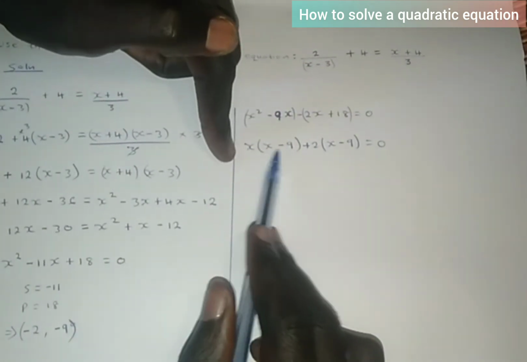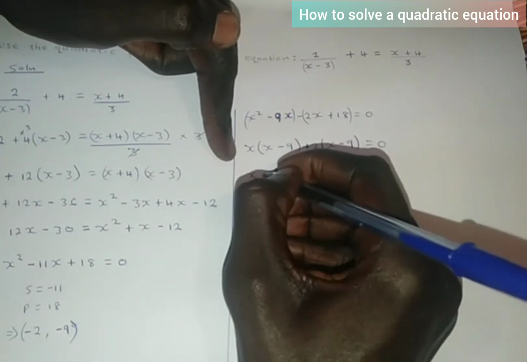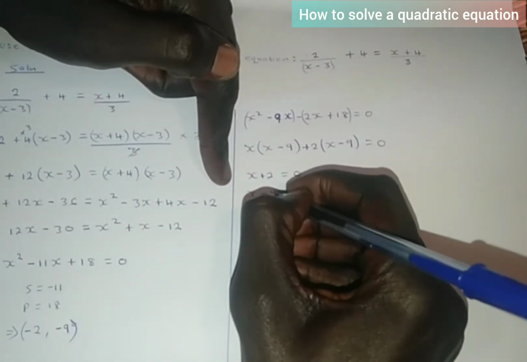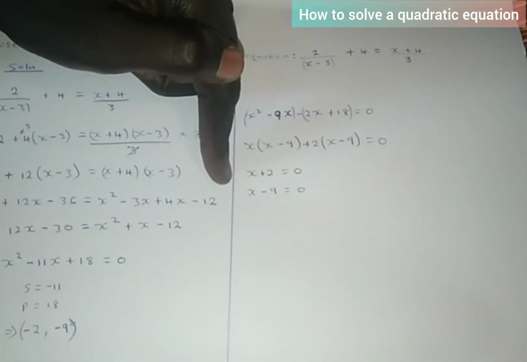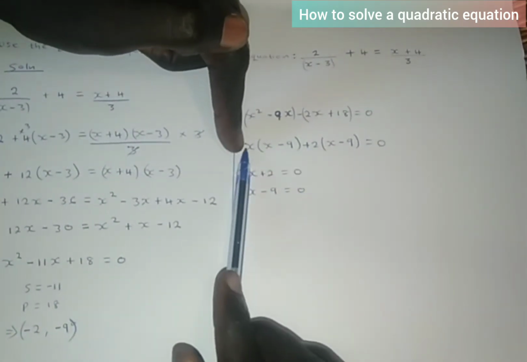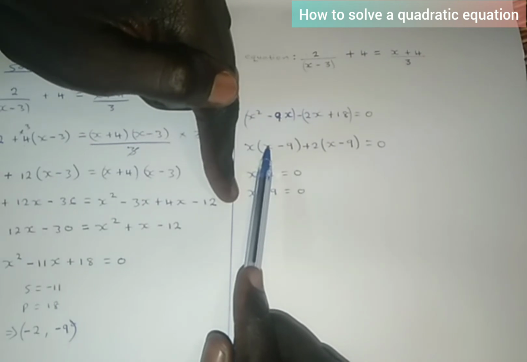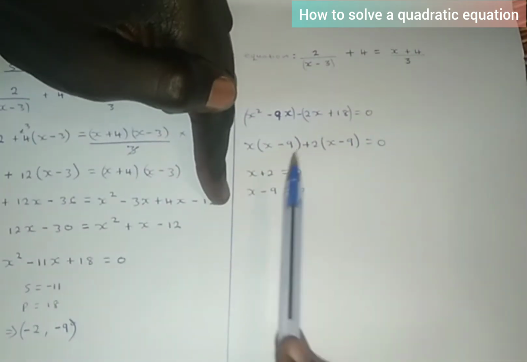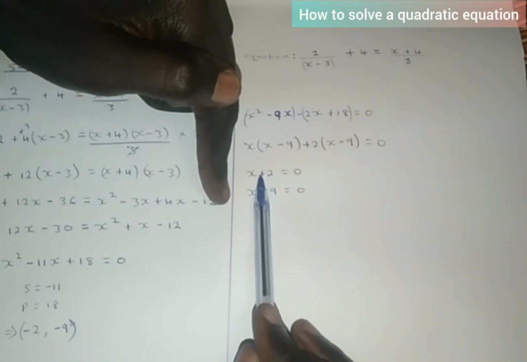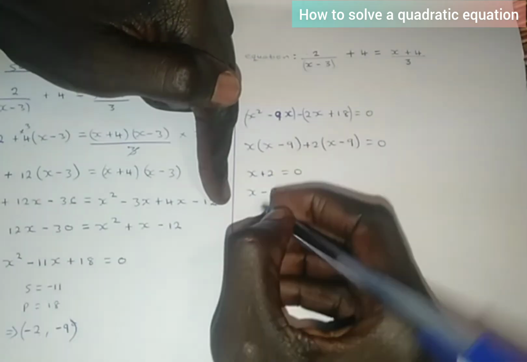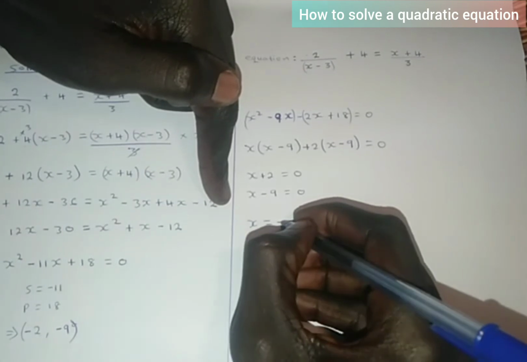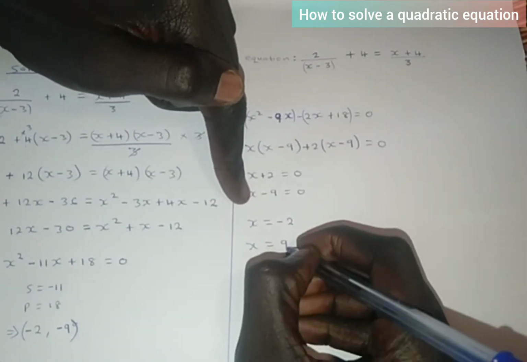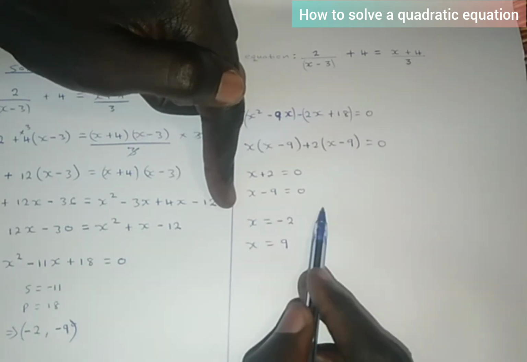So now we will just take x plus 2 is equals to 0 and x minus 9 is equals to 0. Just take this and this, make it to be 1 of the brackets, then we equate it to this 0. So taking positive 2 to the other side, we'll have x as negative 2, and then again x will be positive 9 if we take this negative 9 to the other side.